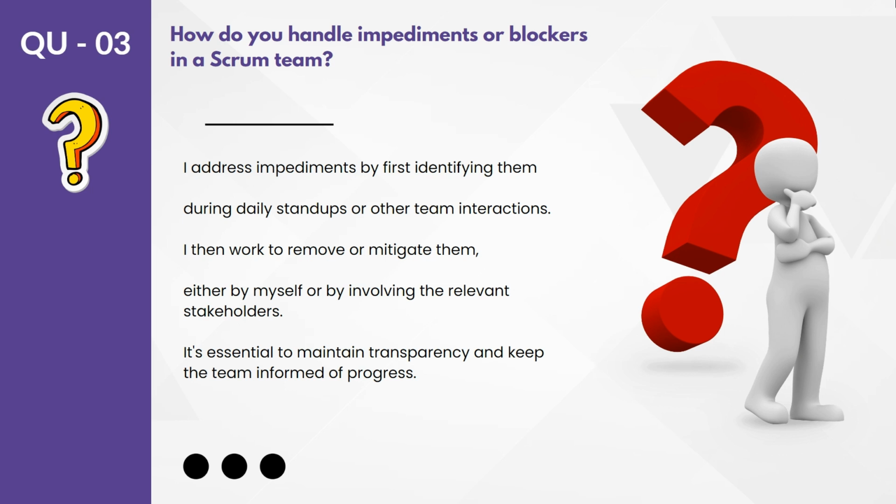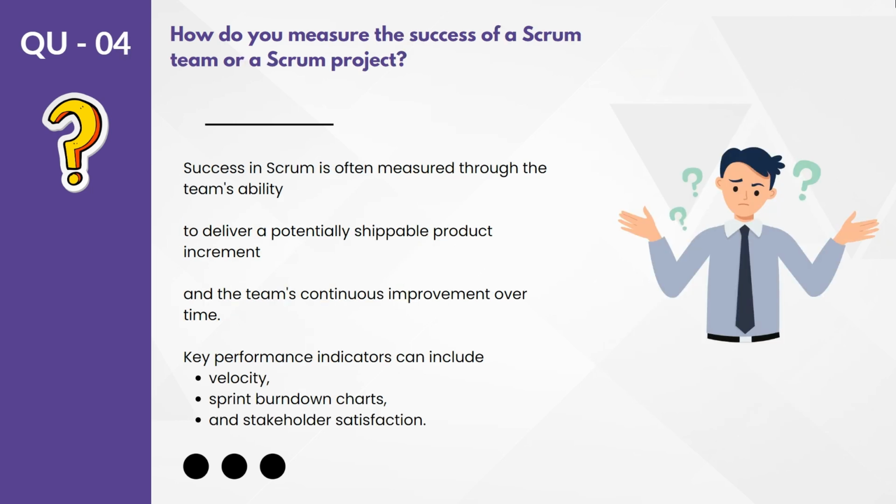Now let's move to question number 4: how do you measure the success of a Scrum team or a Scrum project? Now we have a Scrum team and we are identifying the methods through which we can measure success. Success in Scrum is often measured through the team's ability to deliver a potentially shippable product increment.